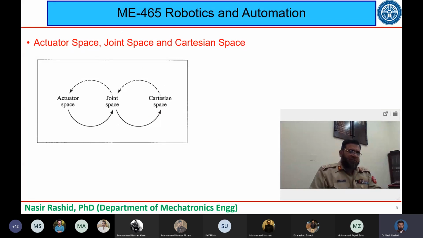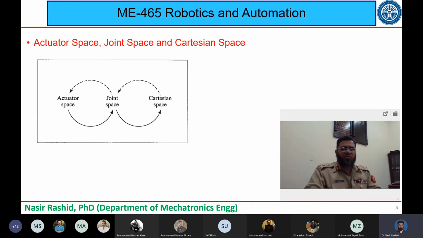Now I am going to talk about the actuator space, the joint space and the Cartesian space. So actuator space क्या चीज है? The actuator space is something which we see as a drawing in which we can assign frames to the actuators.